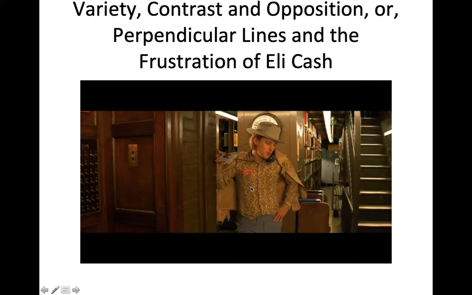Look at the visual architectural elements that surround Eli right now. Eli is kind of in the middle, he's kind of centered, but next to him, there's so much complexity, so much variety in the design of this composition. We have these stairs, these are repeated horizontal lines moving vertically.